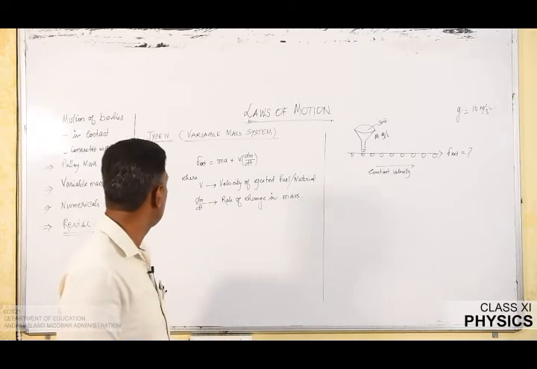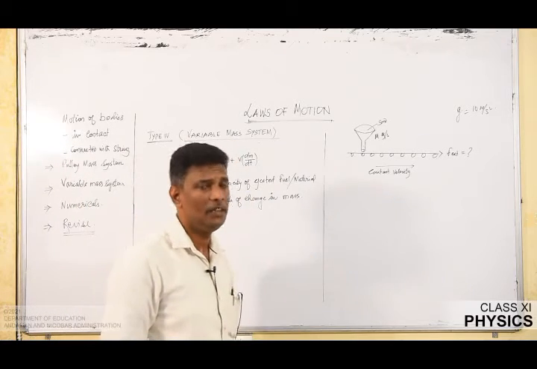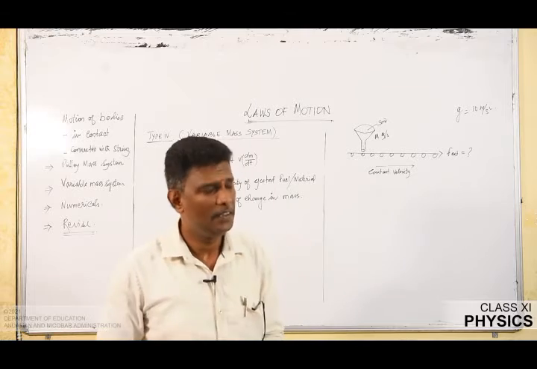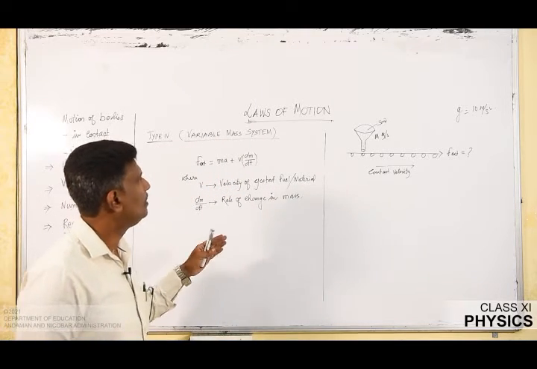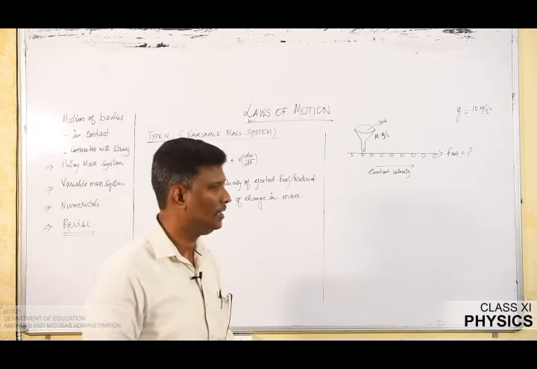It is a different type of question, that is type 4, variable mass system. In the earlier questions there is no change in the mass, but cases are also there in which the mass is changing with respect to time with some velocity.